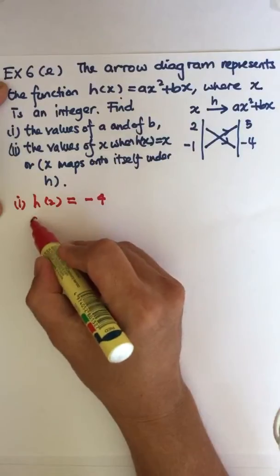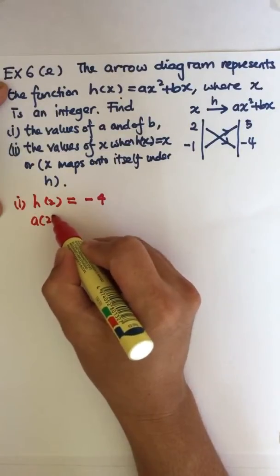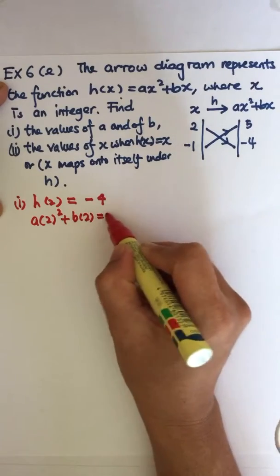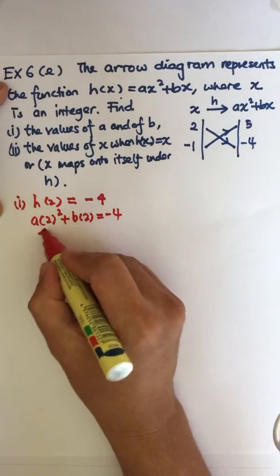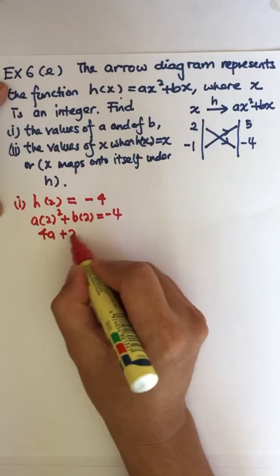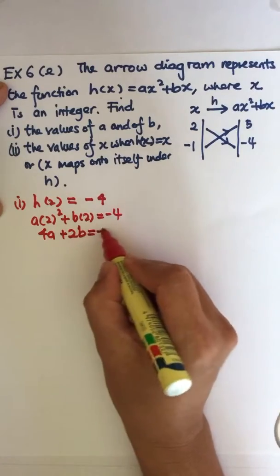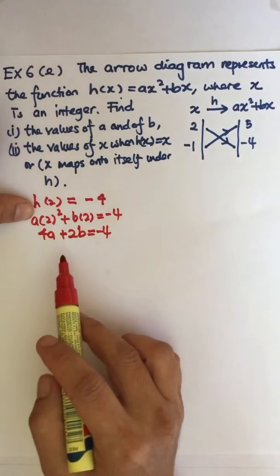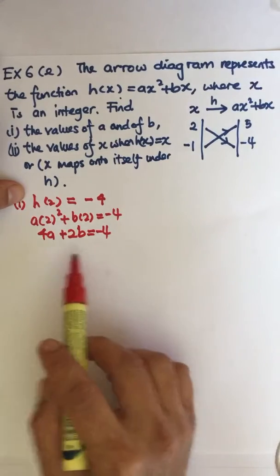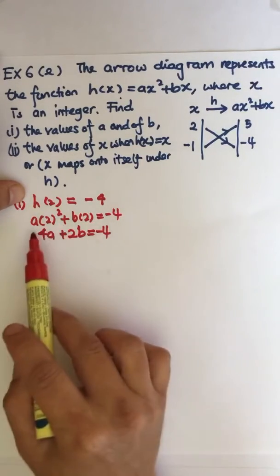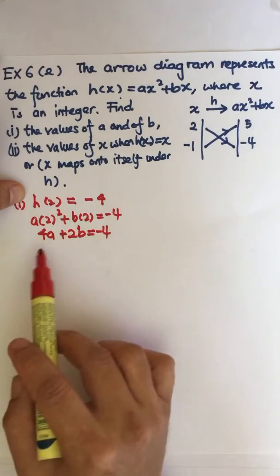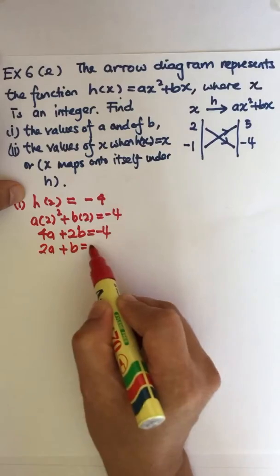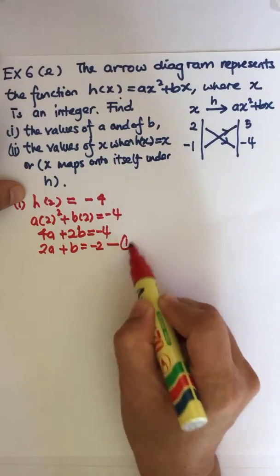So you get a(2)² + b times 2 = -4, so you get 4a + 2b = -4. Since 4, 2 and negative 4 have the same factor, we can divide by 2. So you get 2a + b = -2 as equation number 1.